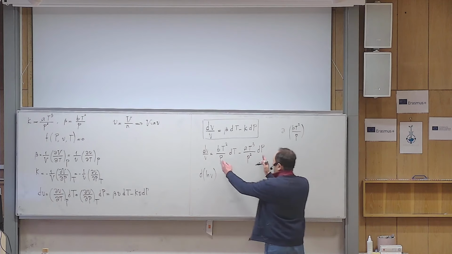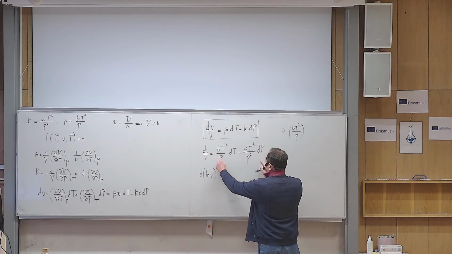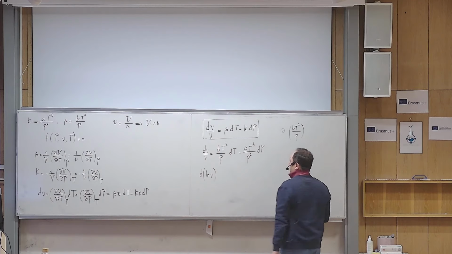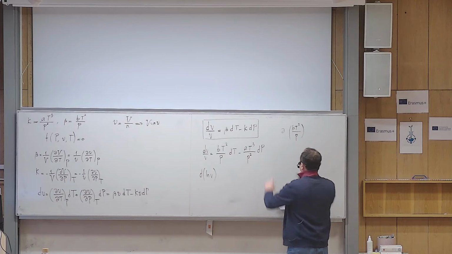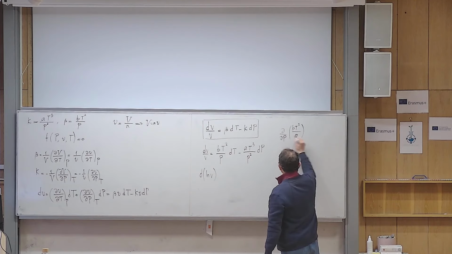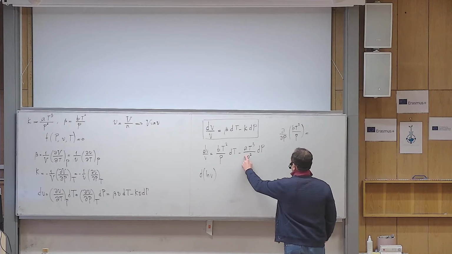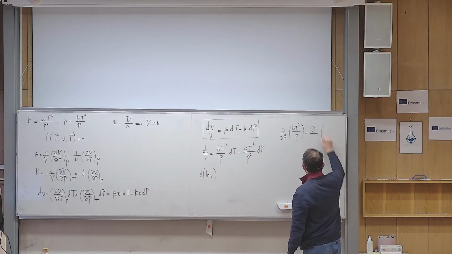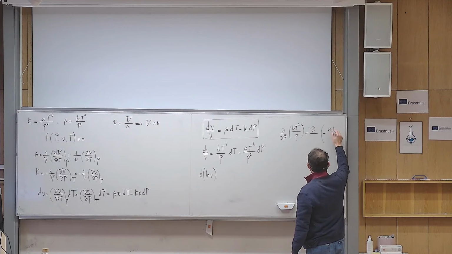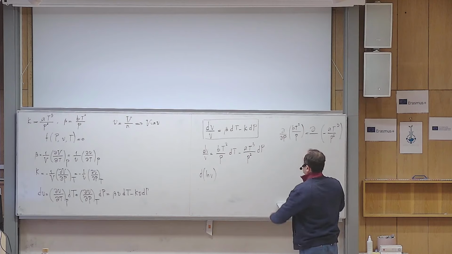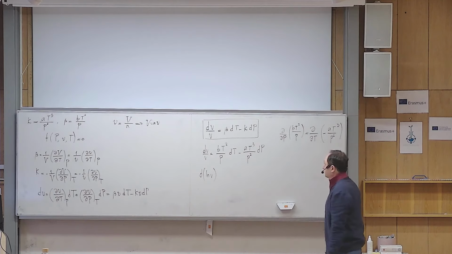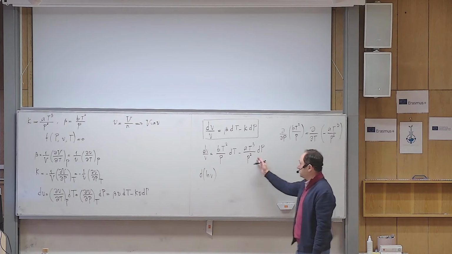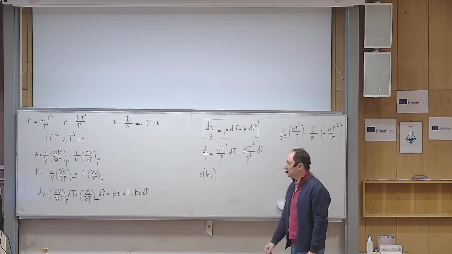So if this is supposed to be an exact differential, the derivative of this expression with respect to the other variable p should match with the derivative of this one, a t cubed over p squared, with respect to the other variable t. This is a necessary condition for this expression to be an exact differential.